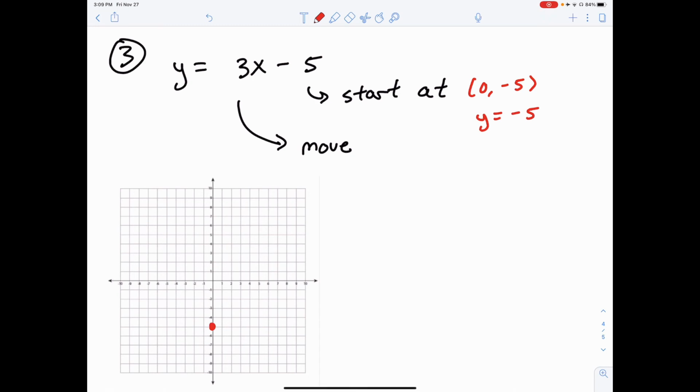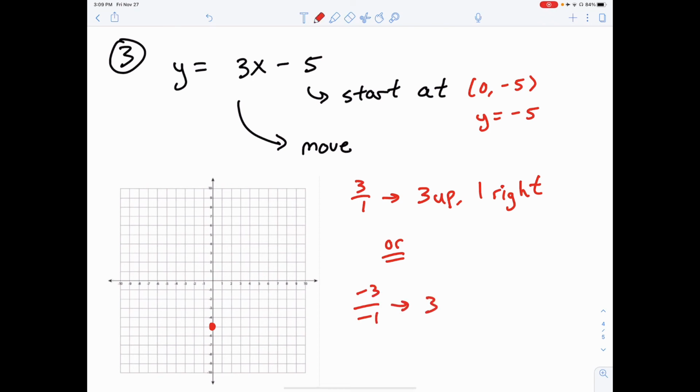Now, 3 as a fraction is 3 over 1. So again, if we have 3 over 1, then that means we go 3 up, 1 right. Or we can do the opposite, right? Upstairs versus downstairs. We can go -3 over -1, which tells us that in this case, we can go 3 down, 1 left.